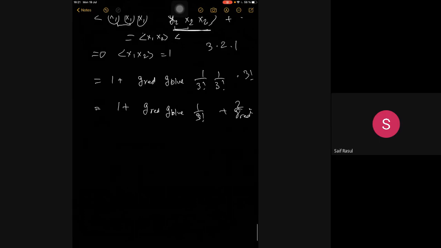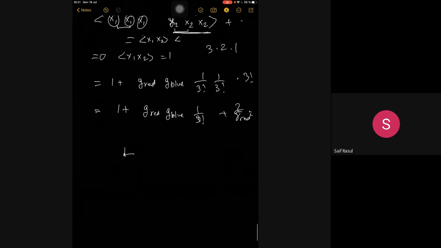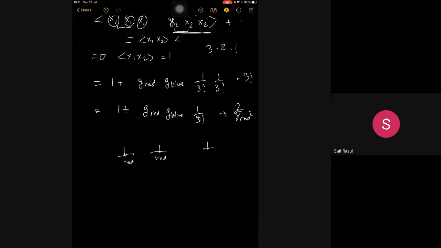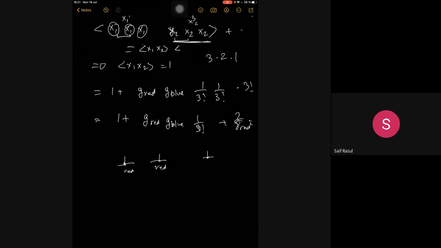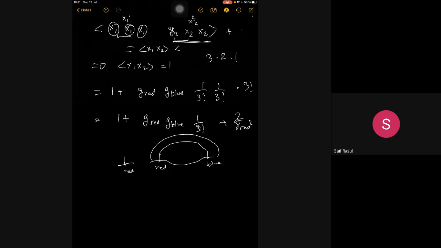For example, if this is red, this is red, this is blue, you'll have these terms because when expanding you get different powers, but they're zero because this thing can connect to this, but this guy is left alone. So that will be zero.